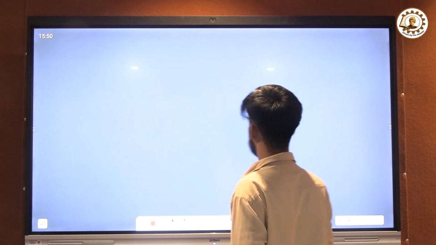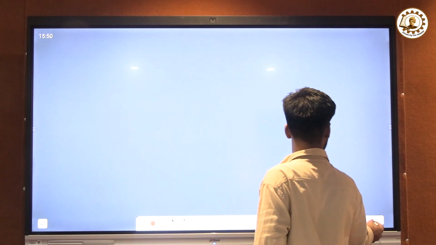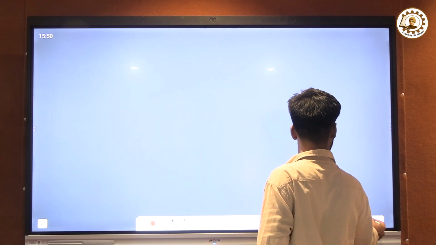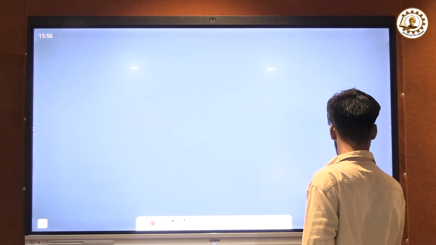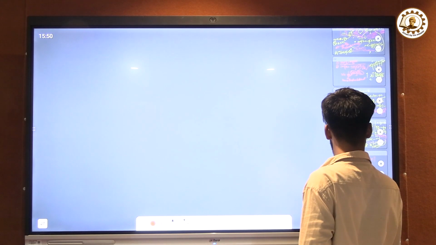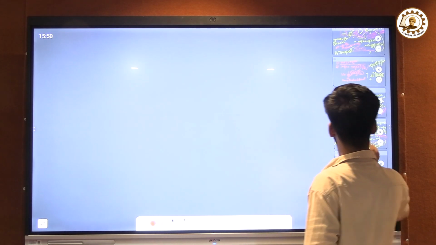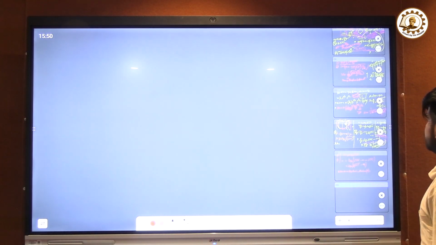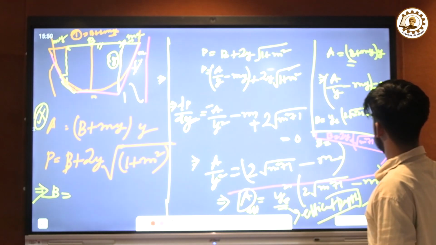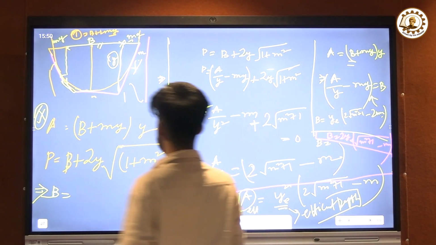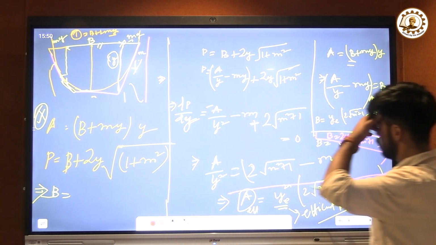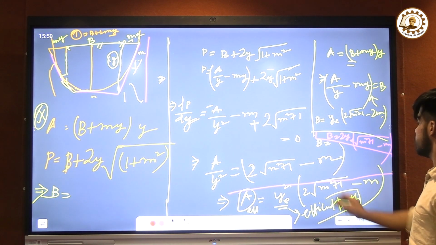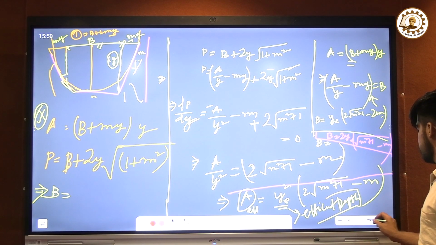go to the last slide. As you can see from the last slide, the value of efficient area is y square into 2 root over m square plus 1 minus m.